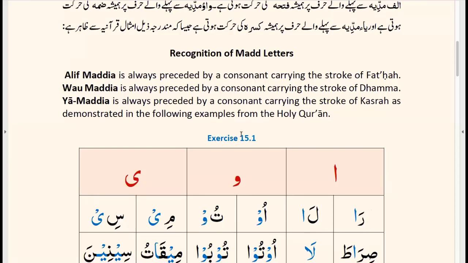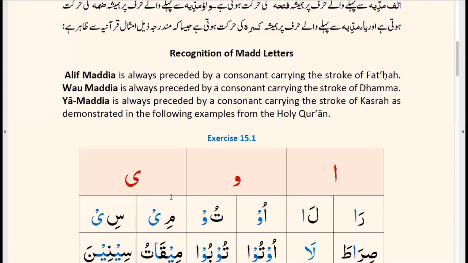Ra, okay? Now, Waw Madiyah is always preceded by a consonant carrying the stroke of Dhamma. Now, similarly with Waw, there won't be an alif, there won't be a fatha, but it will be a Dhamma, right? So before the Waw, there will be a letter carrying a Dhamma, all right? Now, Ya Madiyah is always preceded by a consonant carrying the stroke of Kasra, as demonstrated in the following examples.